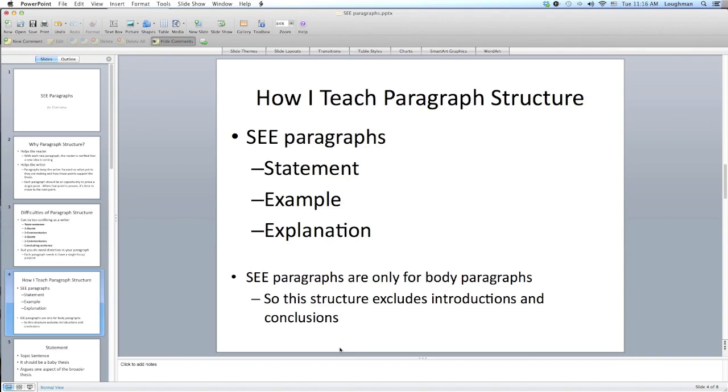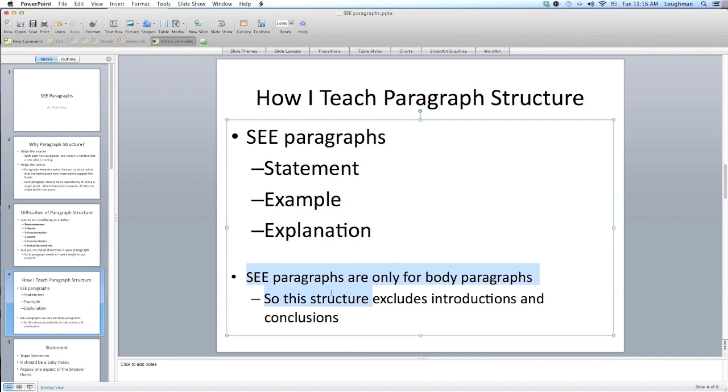And notice that right down here, C paragraphs are only for body paragraphs. So don't try to use a C paragraph for an introduction or conclusion. Those paragraphs are slightly different animals, and we'll discuss those later if you want to.